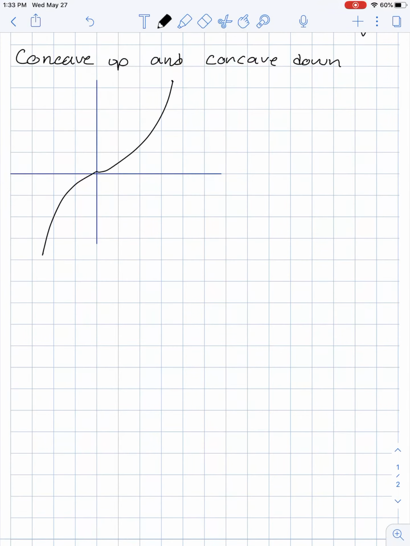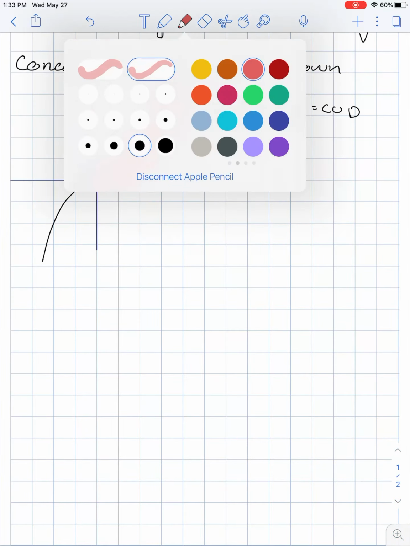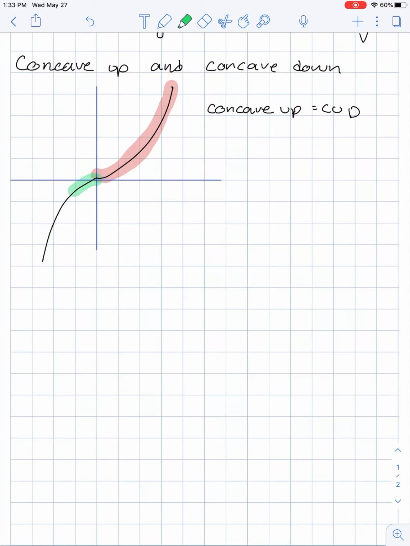All right, so this section of the graph kind of looks like the side of a cup. That is concave up. Looks like a cup. Where this one is concave down, like a frown.